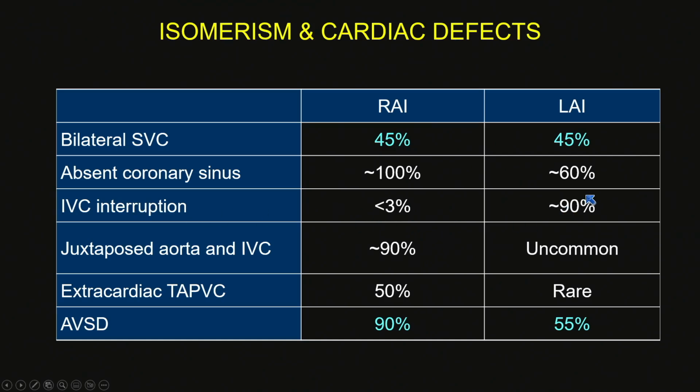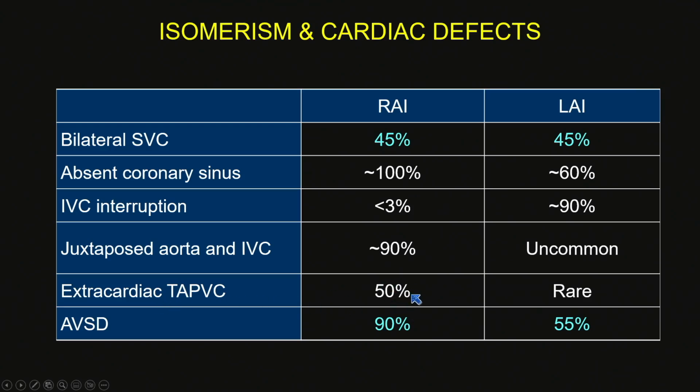IVC interruption is a key feature of left isomerism, with azygos continuation. So the intrahepatic part of the IVC is interrupted. Juxtaposed aorta and IVC, which means the aorta is posterior and the IVC in front on the same side, is a classic feature of right isomerism.